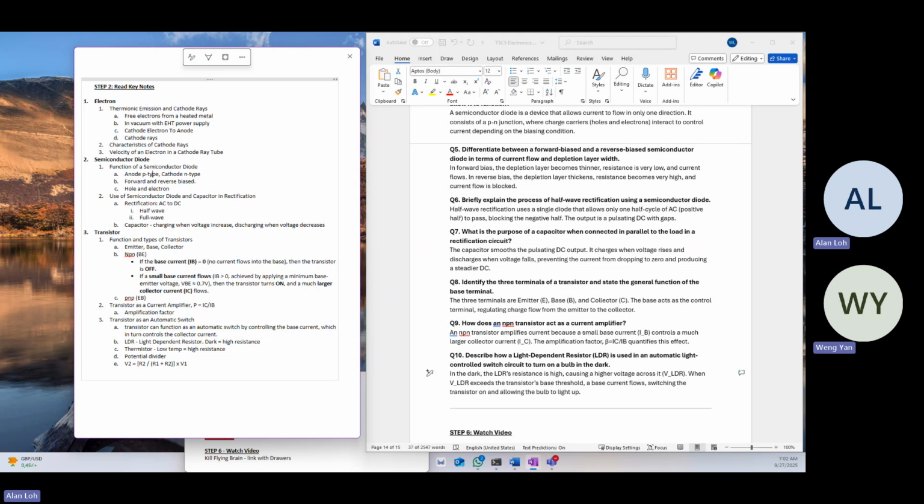The AC to DC cycle is semiconductor rectification. Okay, so these keynotes now make more sense compared to 1 hour ago, right?